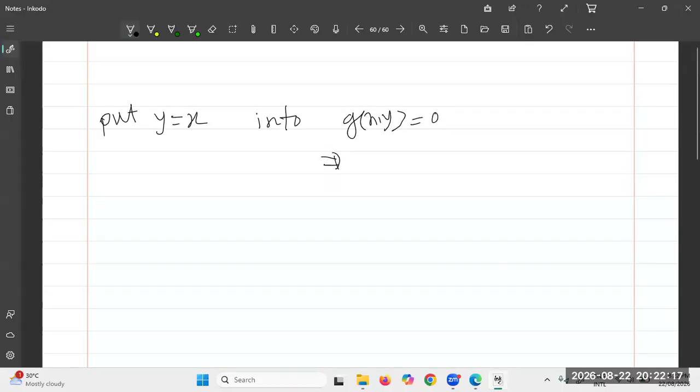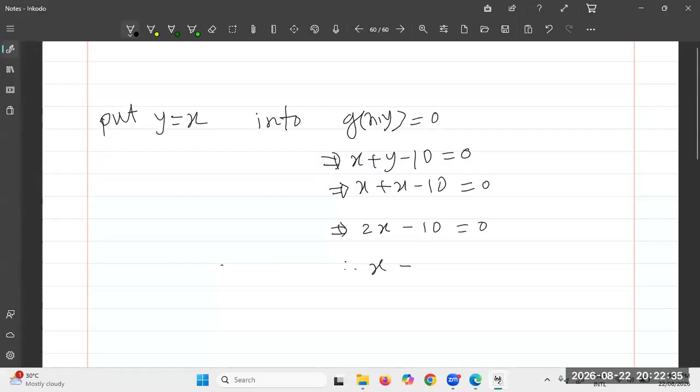Our g(x, y) was x plus y minus 10 equal to 0. So x plus x minus 10 equal to 0, twice x minus 10 equal to 0, x is equal to 5. Since y is equal to x, y is also 5.